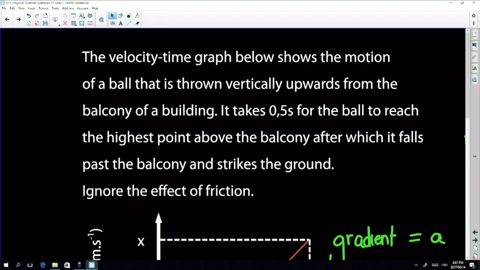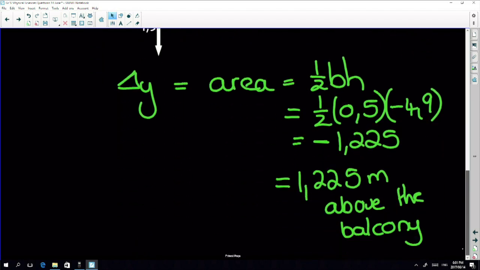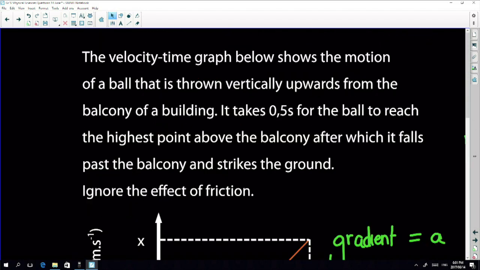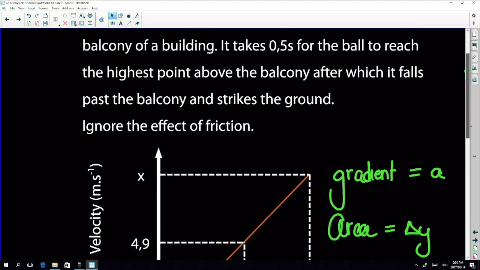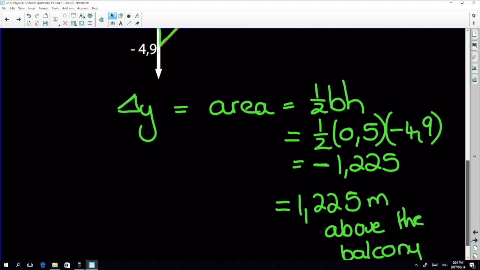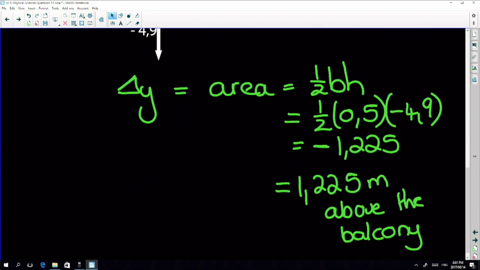So we're now looking at how to find the height. Let me just see, it's not this one? No, it's this one. Okay, there we go. So we're looking at the highest point. That means we've got to look at the area under the graph. Even though I want height, I'm looking at area. Area under a velocity-time graph is displacement. Displacement is a vector, up was negative.